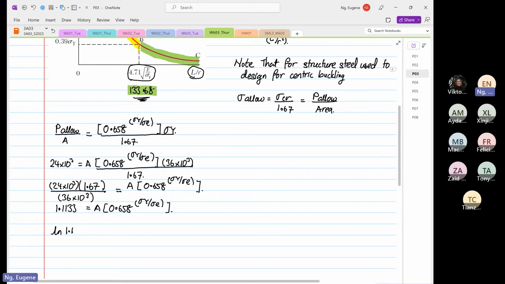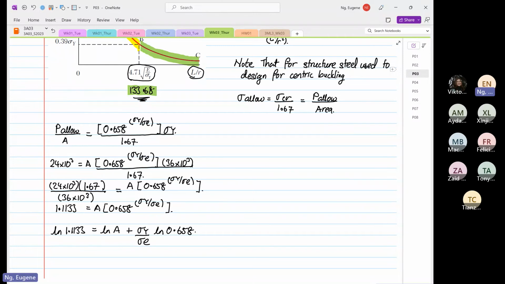So ln 1.1133 is equal to ln A plus stress U over stress E times ln 0.658. Let me see, did I get this right? Yeah, this looks about okay.